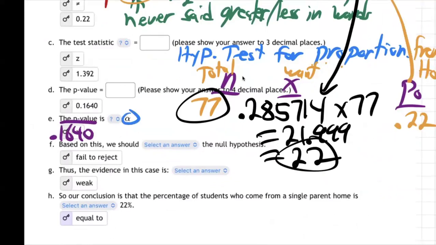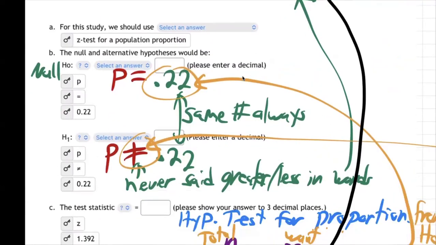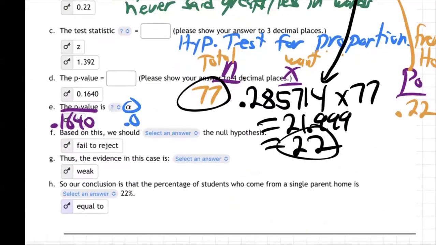Come up here, it'll tell you alpha at the top. Alpha is 0.05 right here. I go down, I go, okay, 0.05. So which one of these is bigger? Well, that one's bigger, right? 16 is bigger than 5. So, okay, the p-value is bigger.